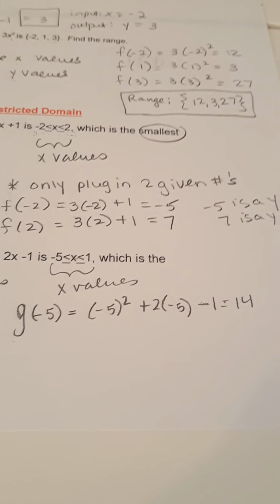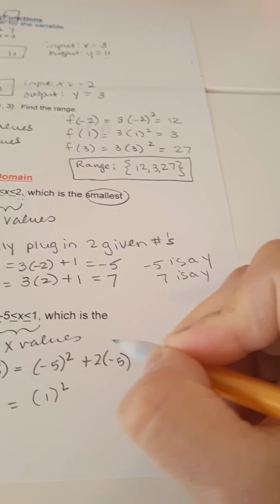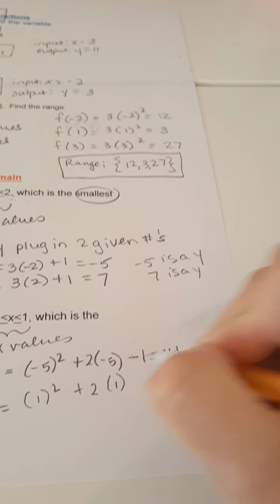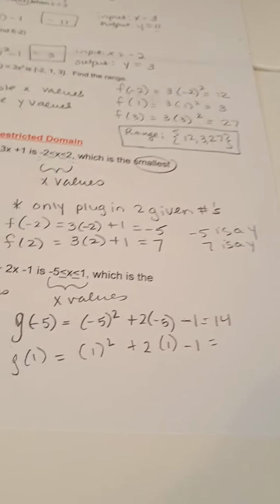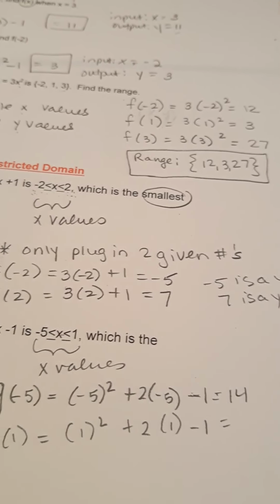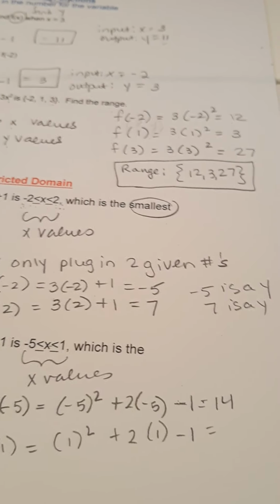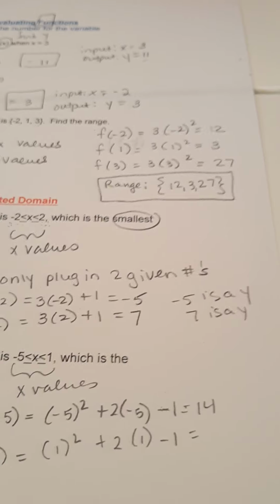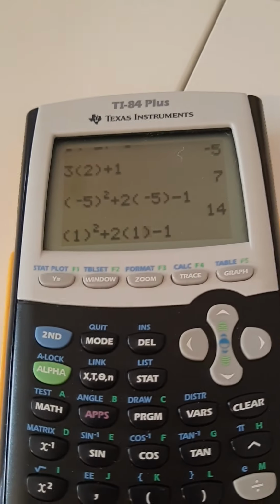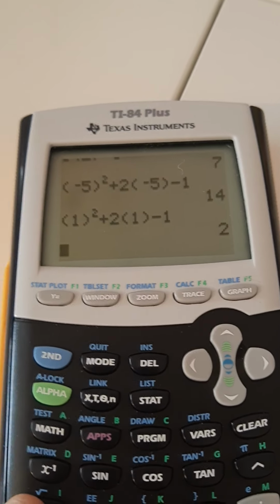Sorry, guys. And then you also want to plug in 1. So I'm going to plug this in the calculator. One squared plus 2 times 1 minus 1, and I get 2.